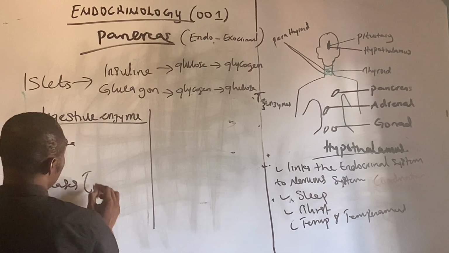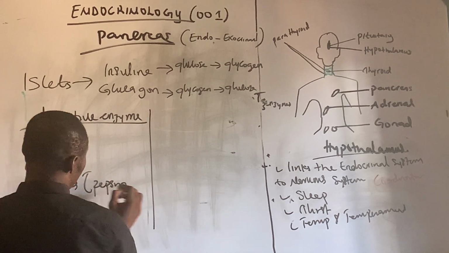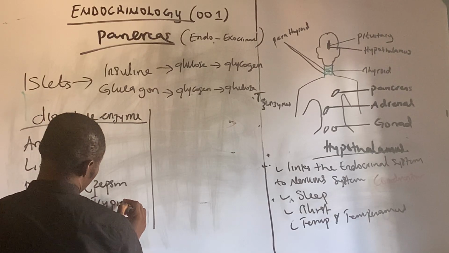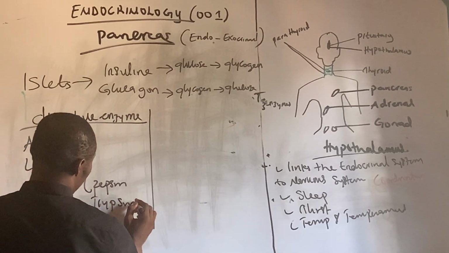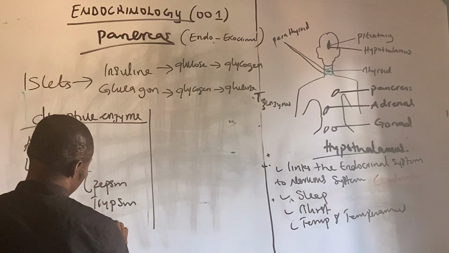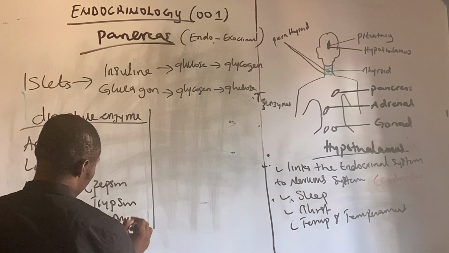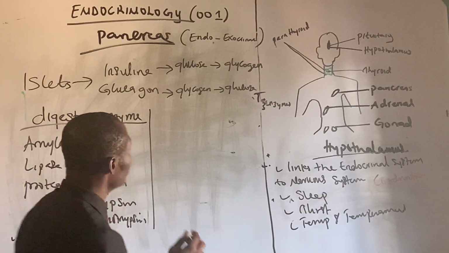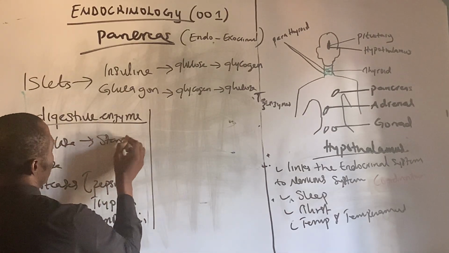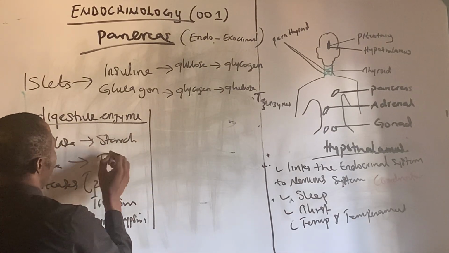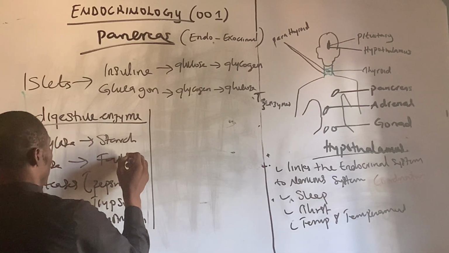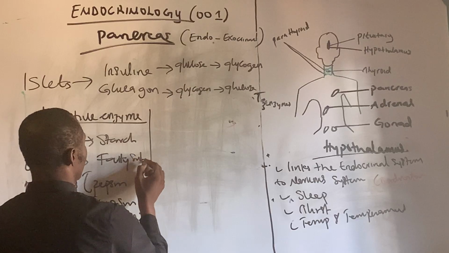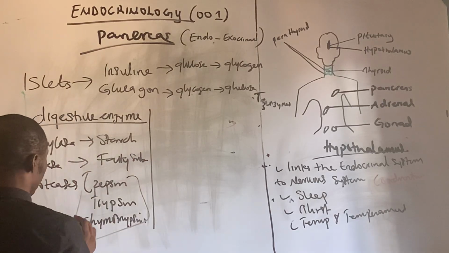The proteases are pepsin, trypsin, and chymotrypsin. Amylase works on starch, breaking down starch. Lipase breaks down fat, or fatty substances. The proteases work on protein.